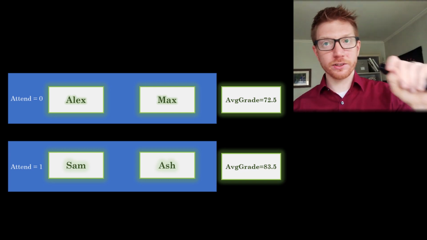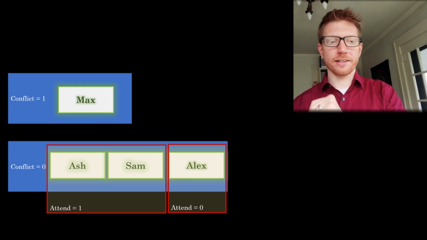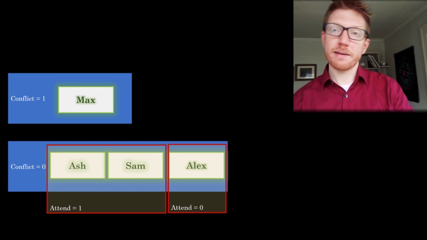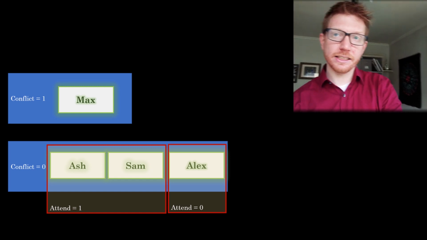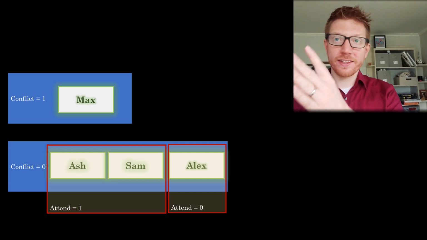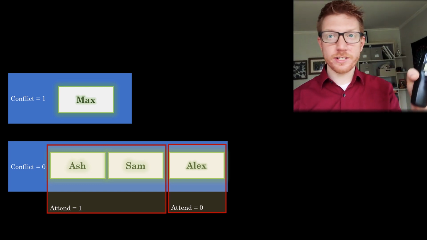In terms of the conflict, only Max had the conflict. Ash, Sam, and Alex didn't have the conflict. But only Ash and Sam attended, Alex did not. What we're going to do is wipe away this difference. We're going to ignore variation coming from other stuff.